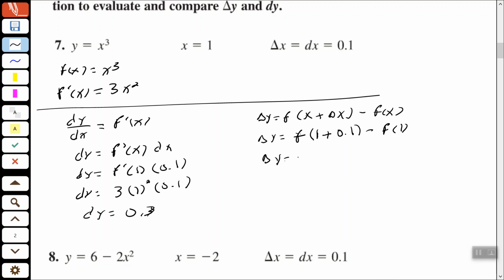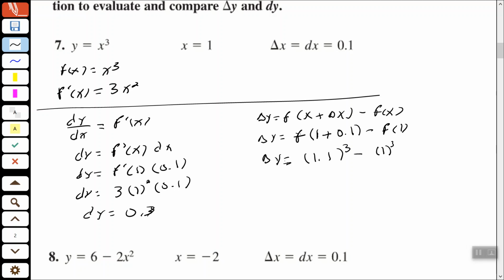So we want to plug that back into the original function here. So 1.1 to the third minus 1 to the third, sorry.